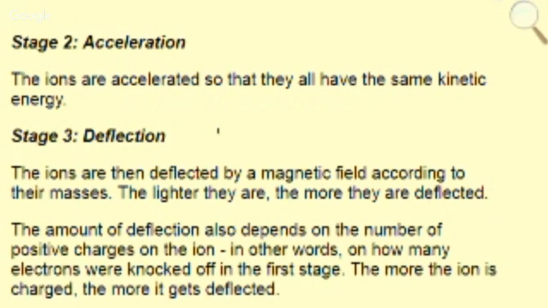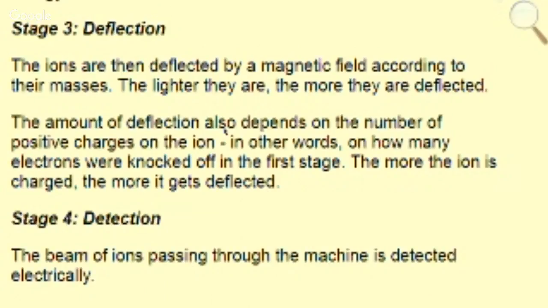And then you got acceleration. The ions are accelerated, so they all have the same kinetic energy, and then deflected. The ions are then deflected by a magnetic field according to their masses. The lighter they are, the more they are deflected. The amount of deflection also depends on the number of positive charges on the ion.